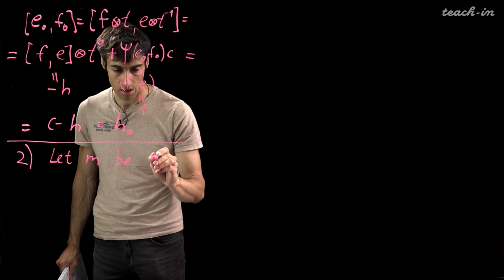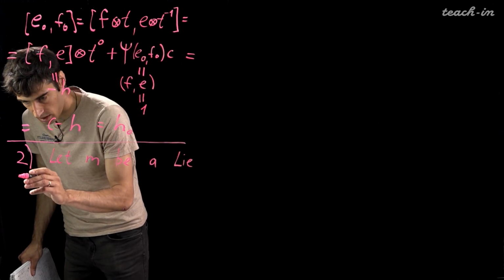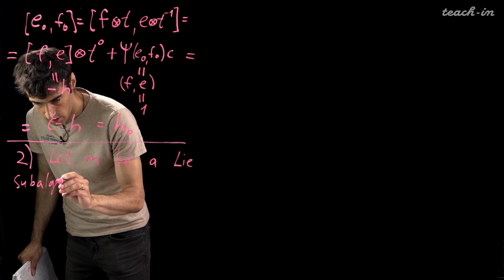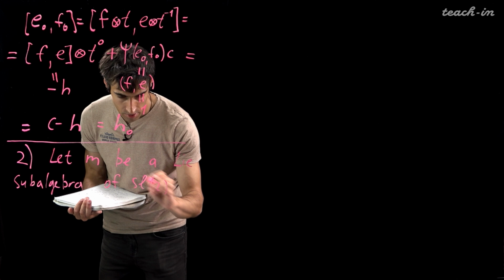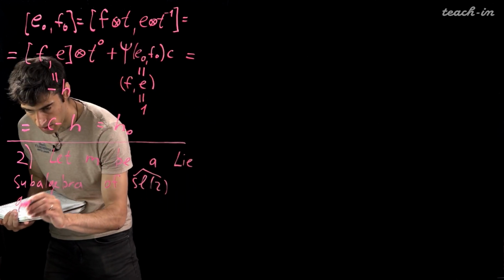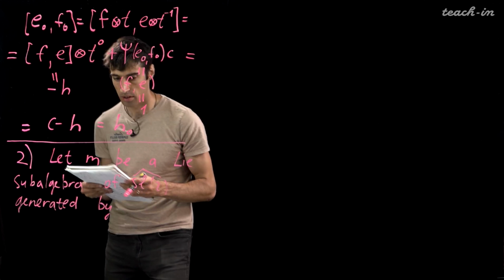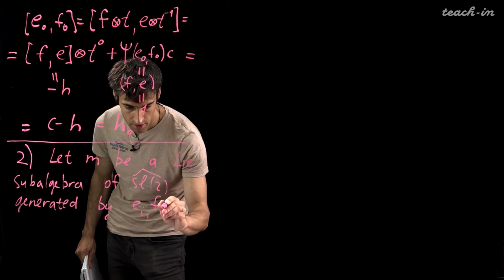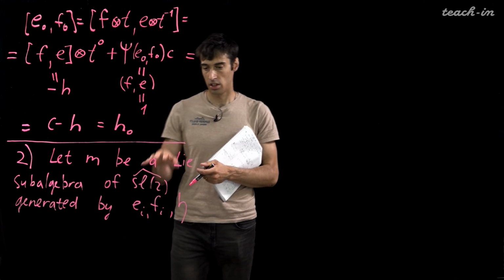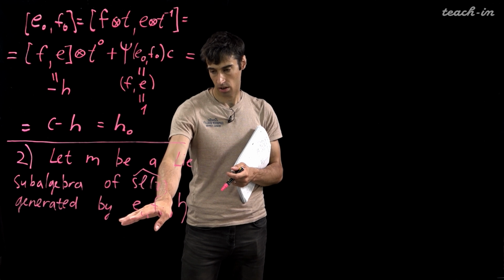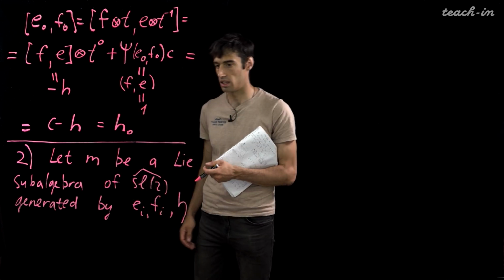So let M be a Lie algebra, or Lie subalgebra, of SL2 hat generated by EI, FI, and H, like all the elements in H. So I take all possible commutators with all possible sets of elements from this set, and I call this M. This is of course a Lie subalgebra in SL2 hat.